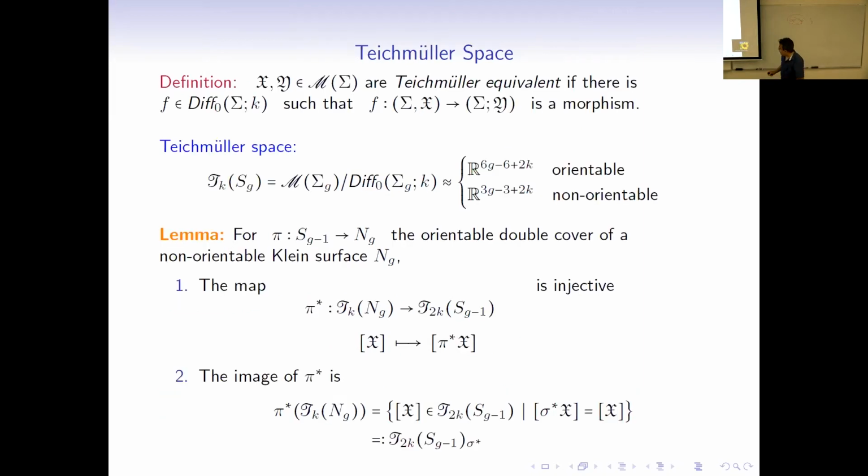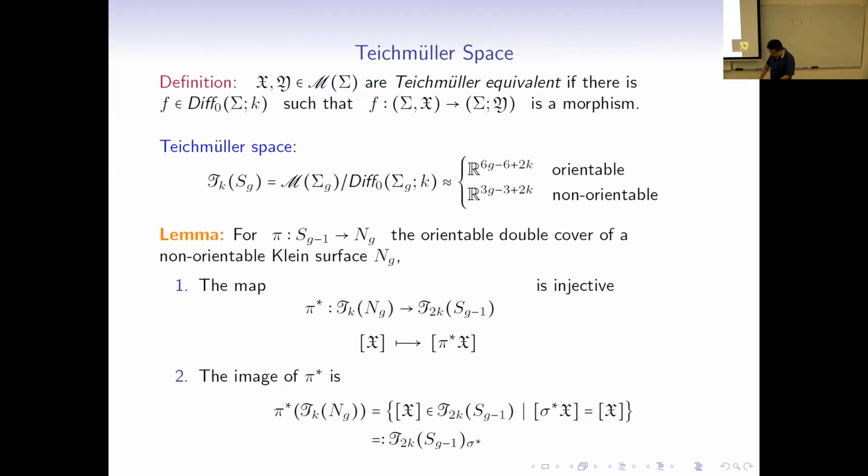But the sigma is like a fixed involution now, whereas before sigma was an involution on one surface. So here sigma is fixed for all surfaces?